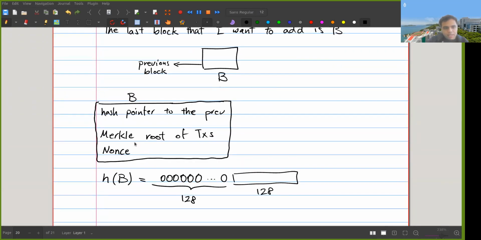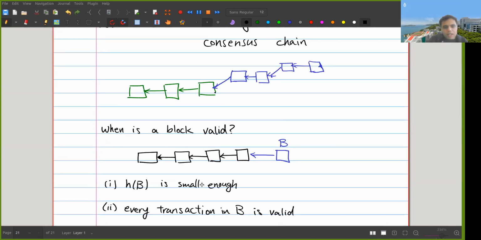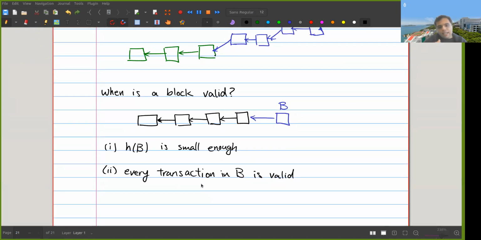And the idea was that when you are making this block, you can choose the nonce. So you can just try different nonces until the hash becomes small. And that's the hard computational problem that you have to do. You have to continually try different nonces. And so it's really hard to find a block that has the right nonce such that the hash becomes small. But actually, after someone finds it and announces it to the network, it's really easy to check that this is a valid block because you just check its hash and check every transaction in it.